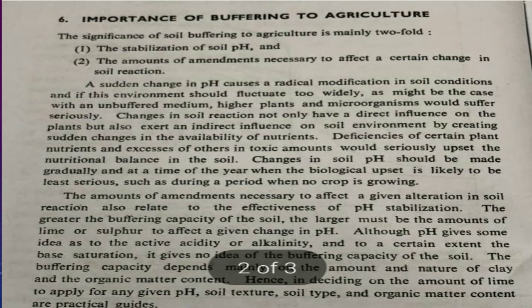A sudden change in pH causes a radical modification in soil condition, and if this environment should fluctuate widely, as might be the case with an unbuffered medium, higher plants and microorganisms would suffer seriously.